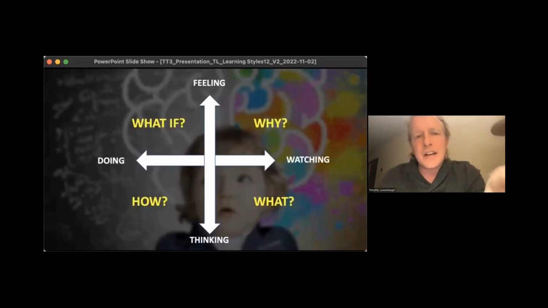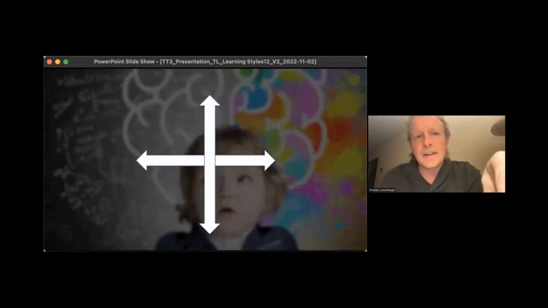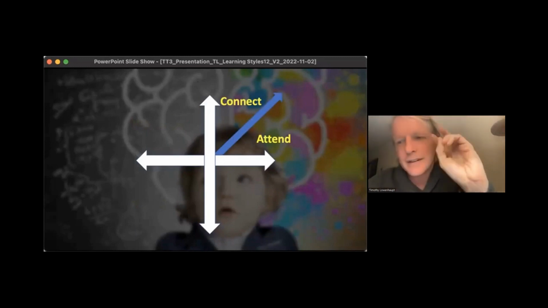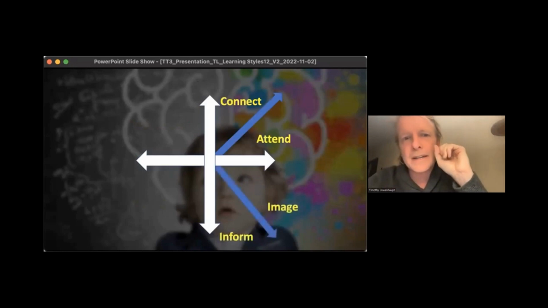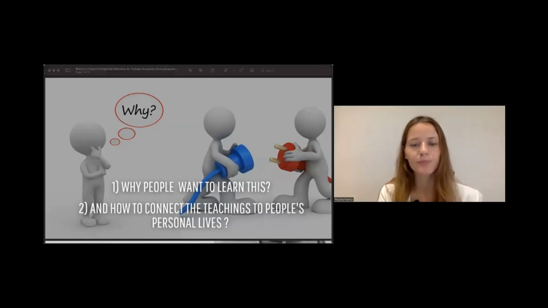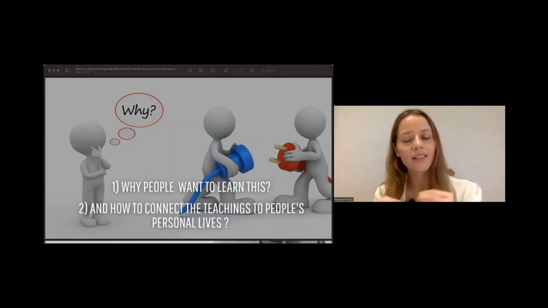And each of those sections, the why and what, they each have two components. Don't worry about it right now. You'll be taught it. This is just an overview. The why has two components, connect and attend. The what has image and inform. Why people want to learn this? And how to connect the teaching to people's personal lives.